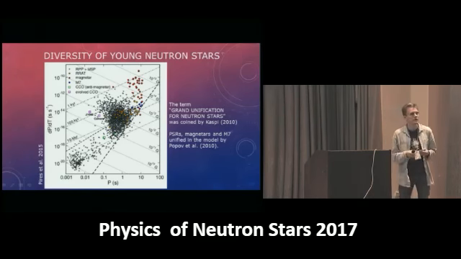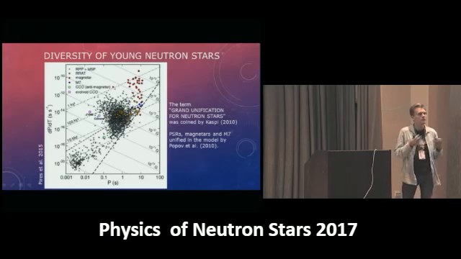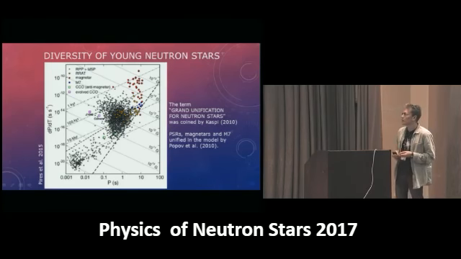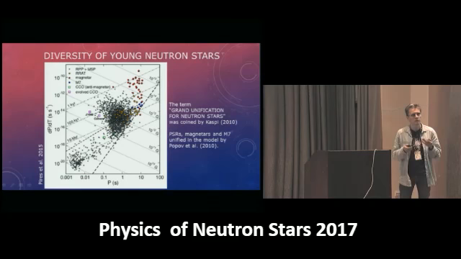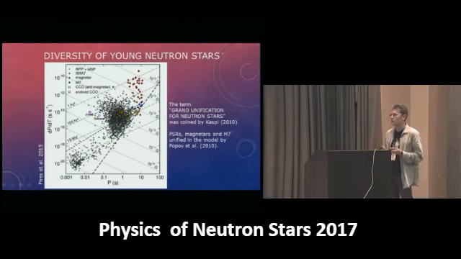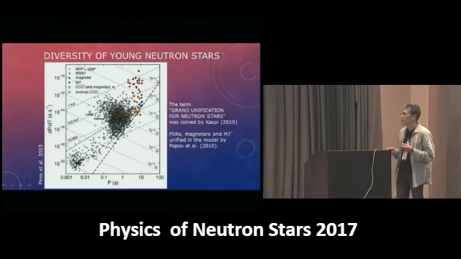And such a program, such a framework is going on, and the main thing to explain this diversity and connections between different types of neutron stars is the magnetic field.